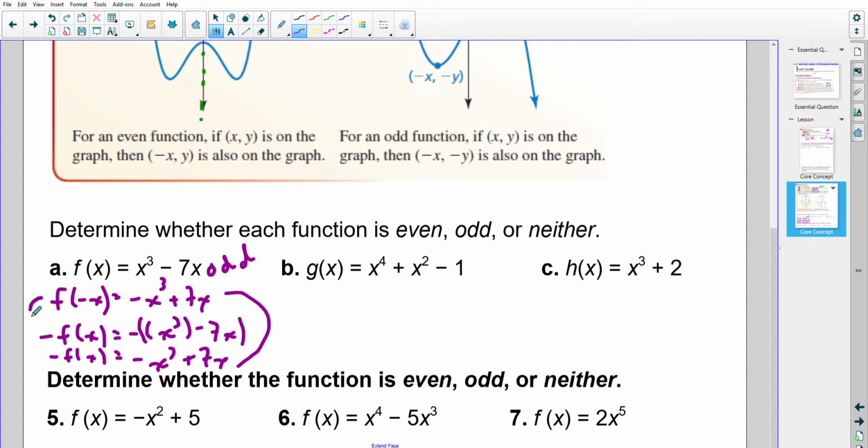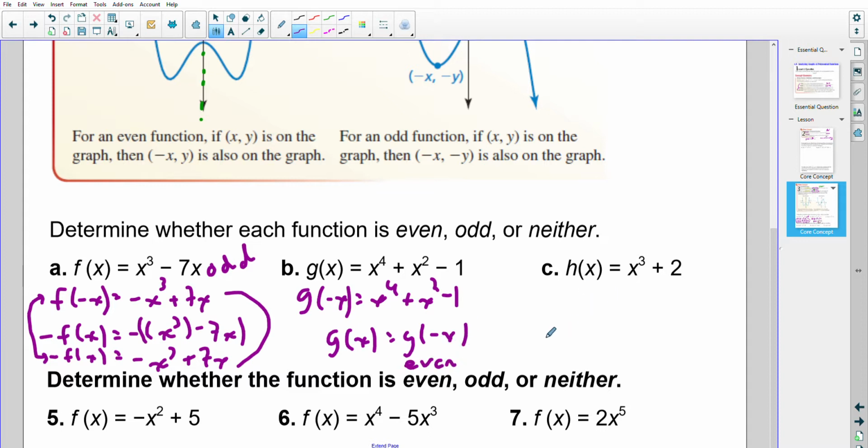These two right here are equal. By definition, it means it is odd. Let's see what g of negative x is. Putting in the negative x, you get this. And therefore, g of x equals g of negative x, and that tells me that this is even.